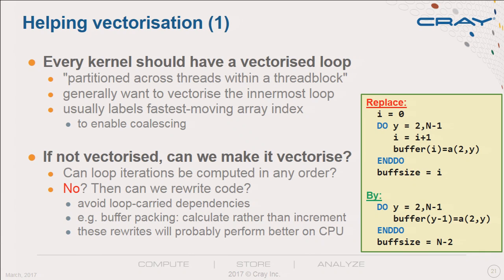For the vectorization, for example, it could be that the compiler could not vectorize because you maybe have some dependencies in your loop.